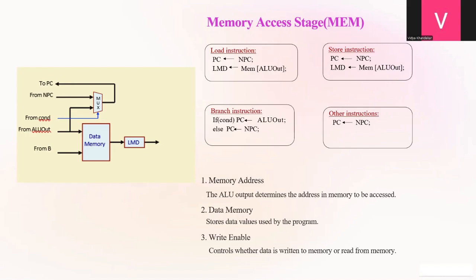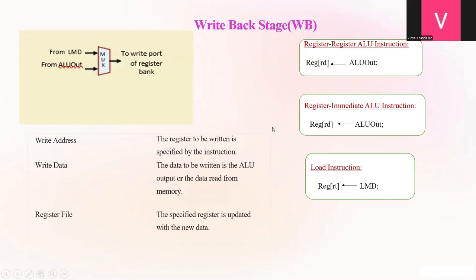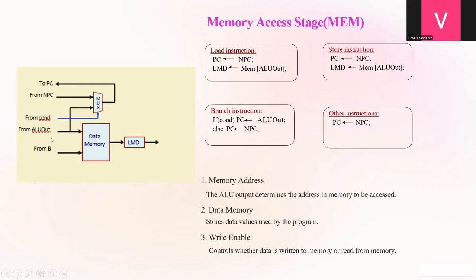In this case, ALU out is put into the data memory, and then the value will be read and can be stored in LMD. So for the load instruction, this happens: the memory location pointed to by ALU out is read and then stored in LMD.